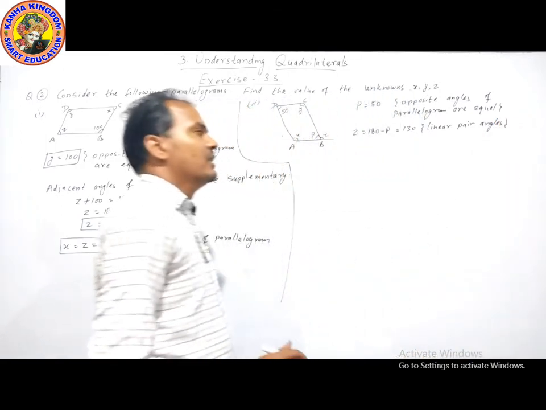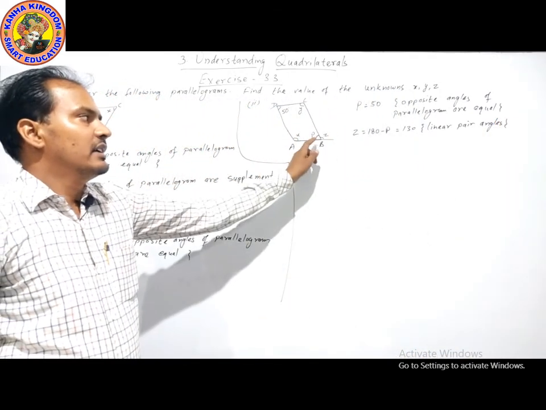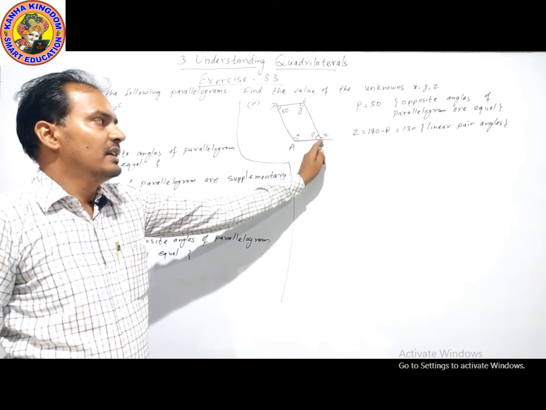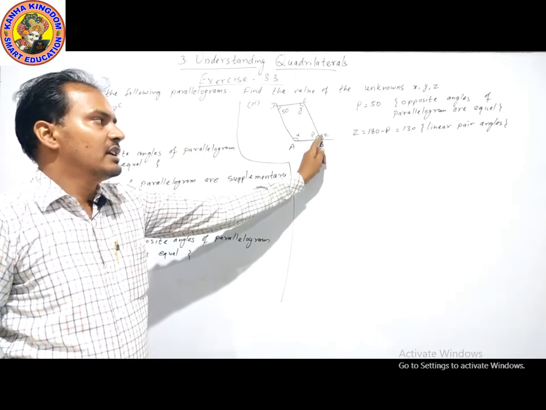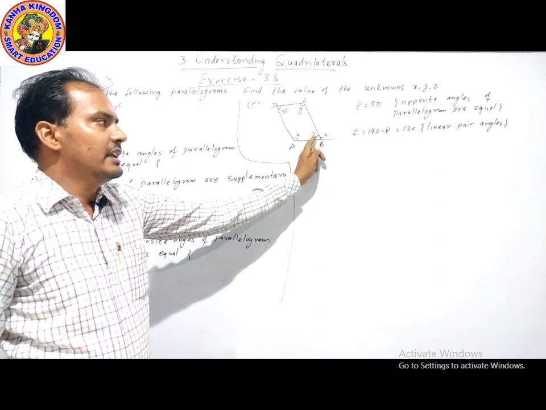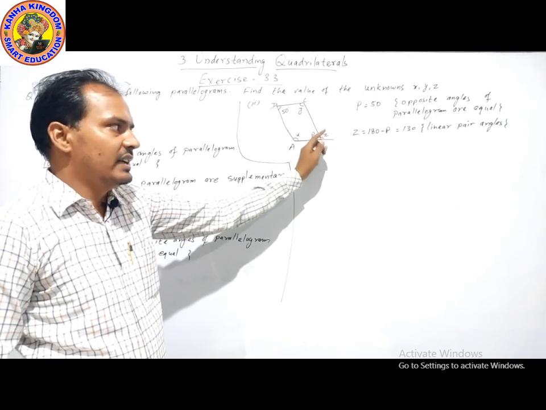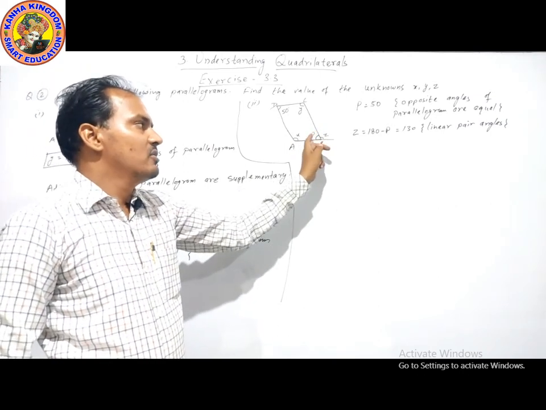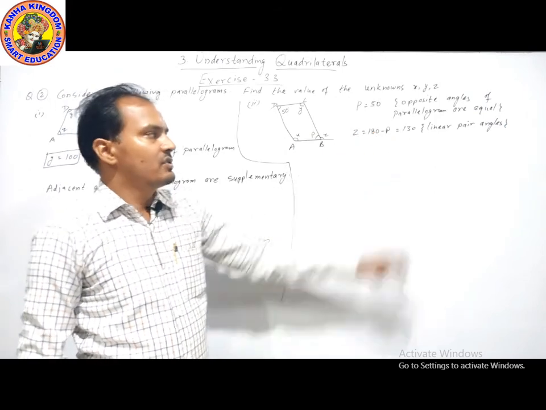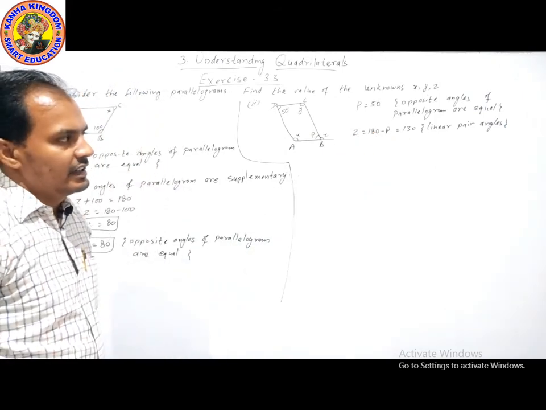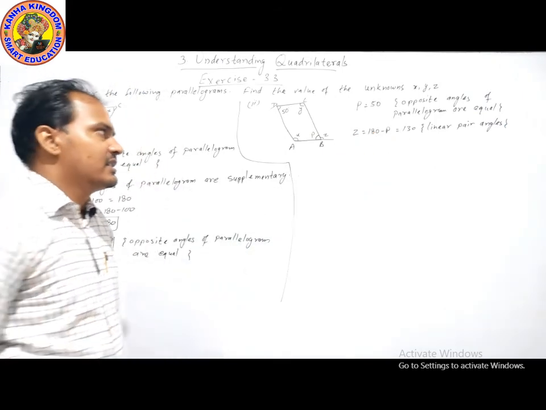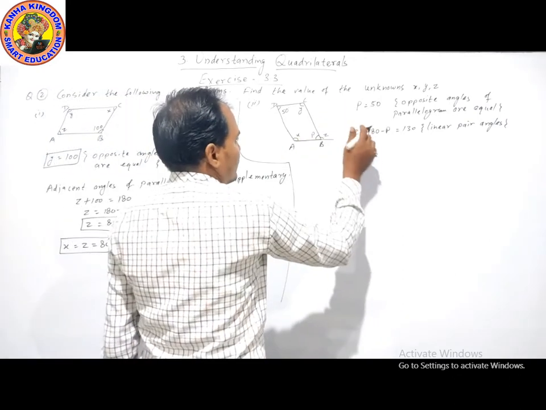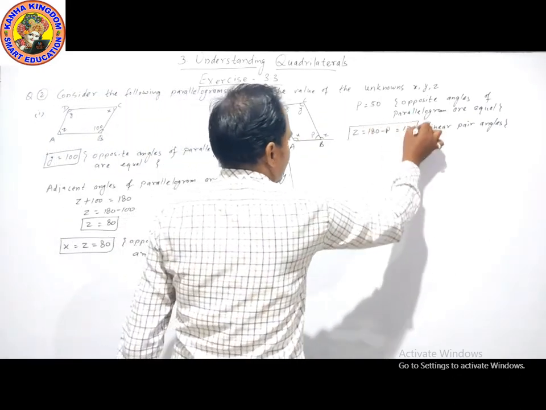For linear pair angles, on a line, if there is a point, there are two angles, and the addition of these angles will be 180 degrees. So Z is equal to 130 degrees by linear pair angles. We have found the value of Z.